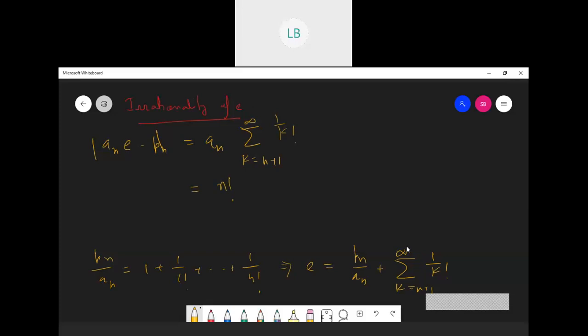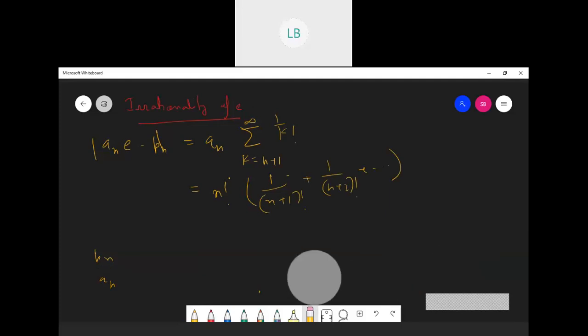So let me write it down in an easier looking form: n factorial times the sum of 1 by (n plus 1) factorial, 1 by (n plus 2) factorial, and so on. So just observe that this is equal to n factorial by (n plus 1) factorial plus n factorial by (n plus 2) factorial and so on.